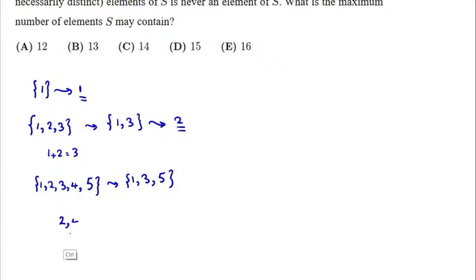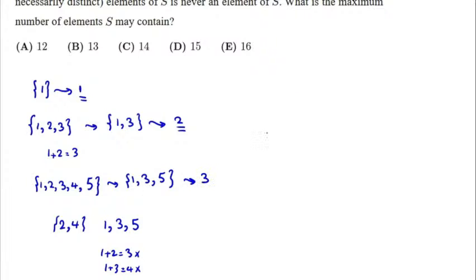Because 2, 4 is bad: we can't select both of them because 2 plus 2 is 4. So if you want to select 4 elements, we have to select 1, 3, 5, and 1 of 2 and 4. If you select 2, 1 plus 2 is 3, it's bad. If you select 4, 1 plus 3 is 4, it's bad. So 3 elements is the maximum.